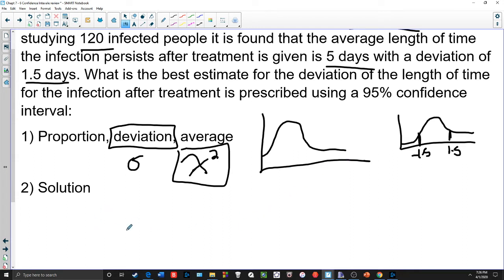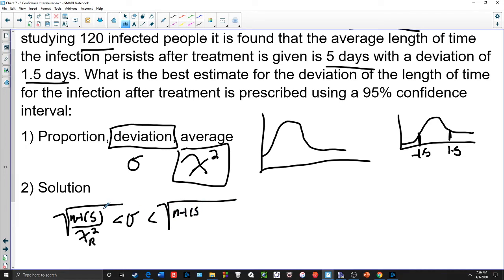So the way you get your bounds is you do the following formula. You do the square root of n minus 1, kind of reminds you of degrees of freedom, right? Times s, which is your sample deviation, like for us that'd be 1.5, all over the chi-square here, and we'll call this the chi-squared R. And then over here you have almost the same formula.